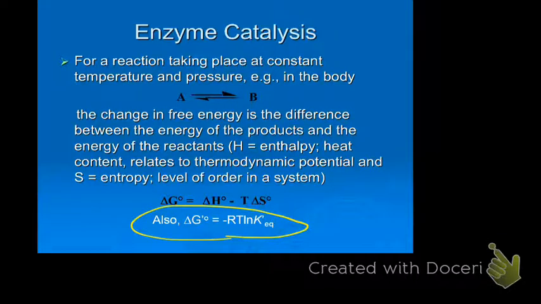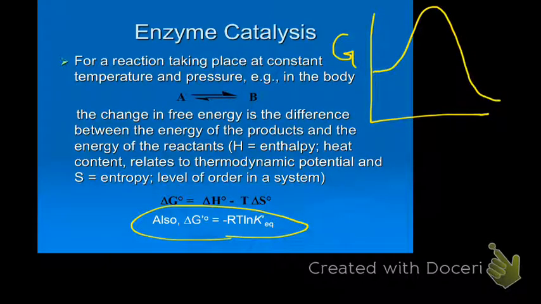What should also be true is that you have that energy profile, where free energy is plotted for every reaction. Now this one shows one that would be exergonic, meaning it would be spontaneous, going from substrates, or A, to product B, and it's lower in overall energy.